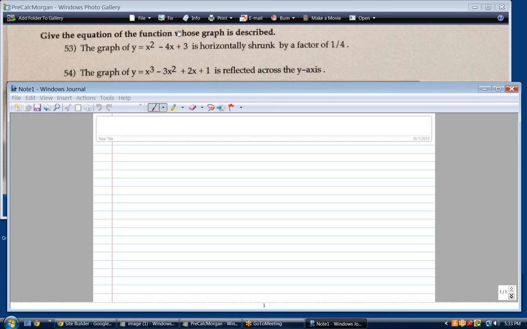Okay, I took a look at these two problems that I had difficulty with. Let's look at the easier one, 54. If f of x is equal to x cubed minus 3x squared plus 2x plus 1, and a reflection across the y-axis means this.